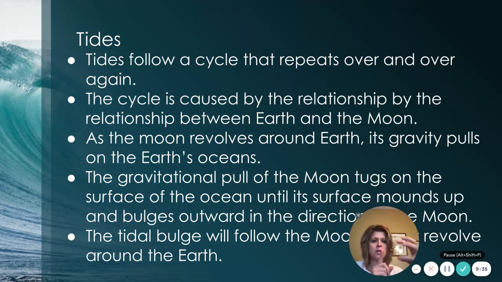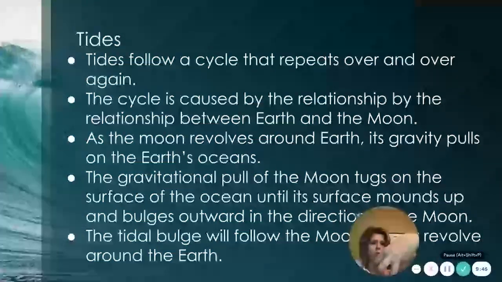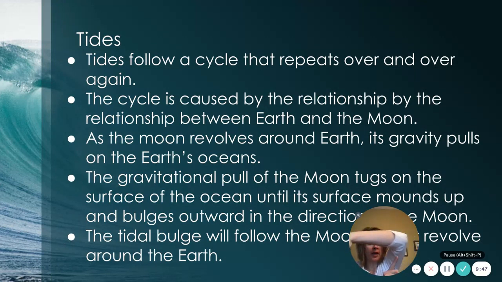If the moon's on this side of us, it's pulling on this side, on the right-hand side. Now, as I rotate, I'm pulling on this side, and then over here, and then on this side. So it's like a big fat stomach, because the Earth is not a perfect circle, it's a sphere shape, kind of like an egg. So it bulges in different places as the moon is pulling on it.